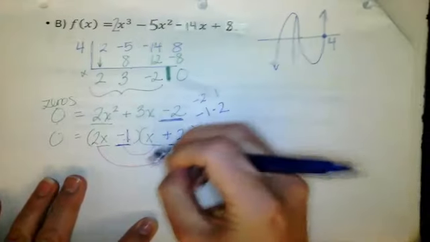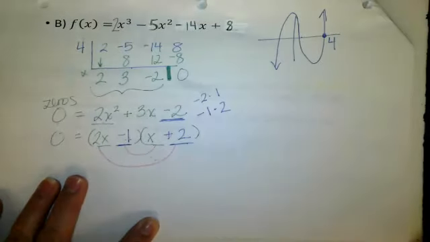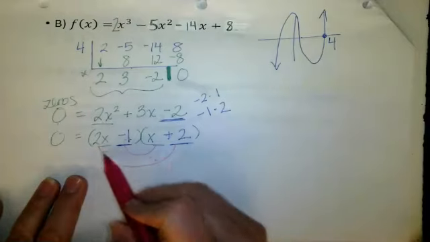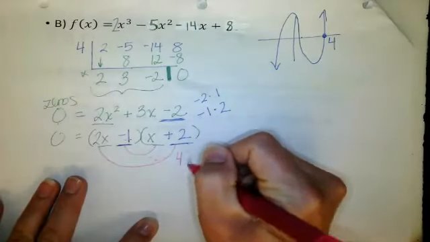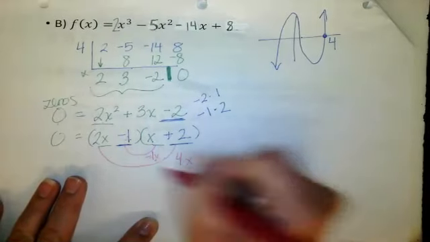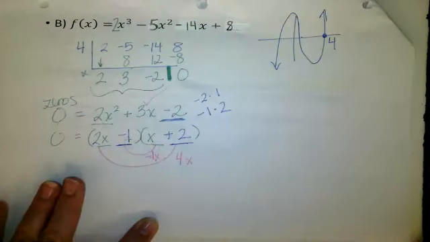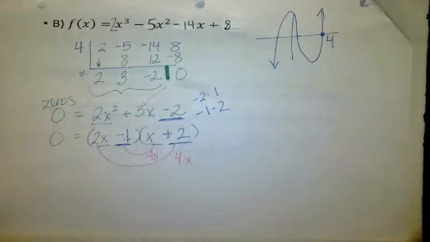Change them around. Now 2x times 2 gives me 4x, and -1 times x gives me -1x. Now we got a winner. So the order matters, ladies and gentlemen. You absolutely need to check the rainbow.